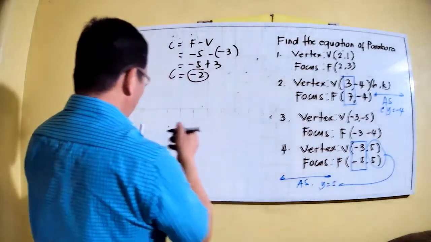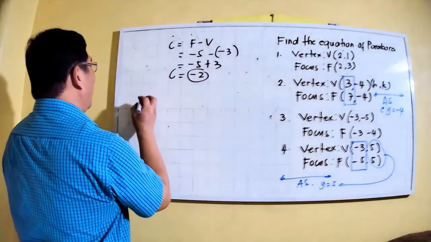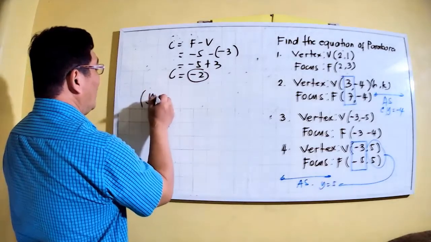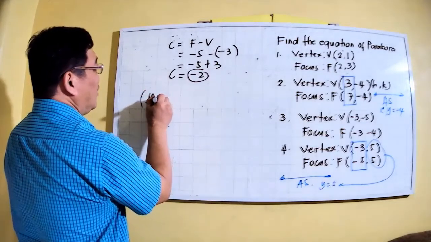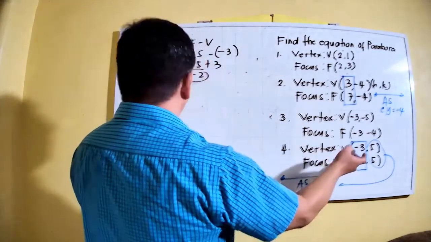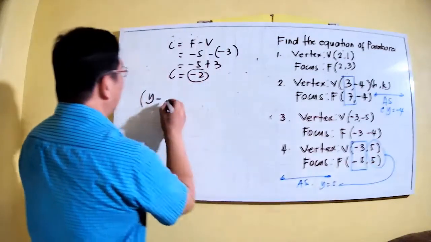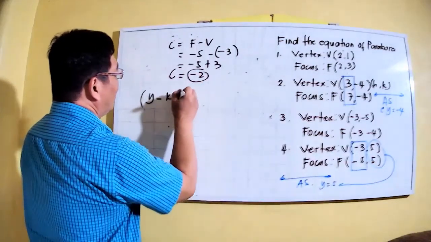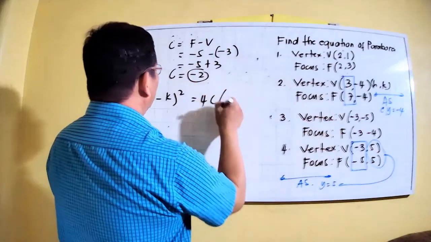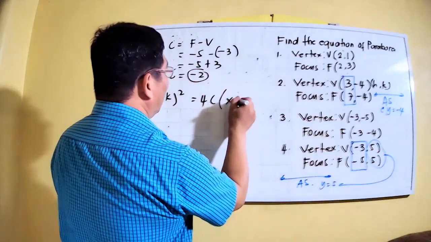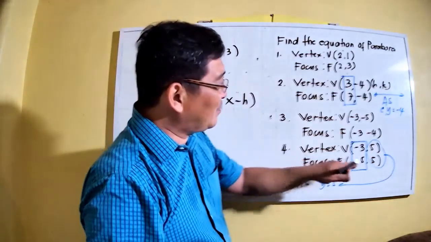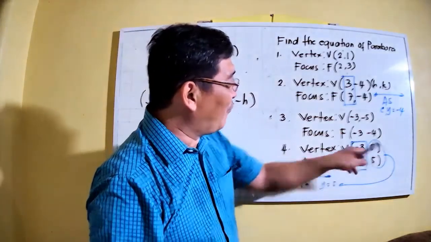We are going to use an equation which is y minus, here's the vertex. The vertex is at k. Y minus k squared is equals to 4c times x minus h. Now, the hk is at negative 3 and 5.